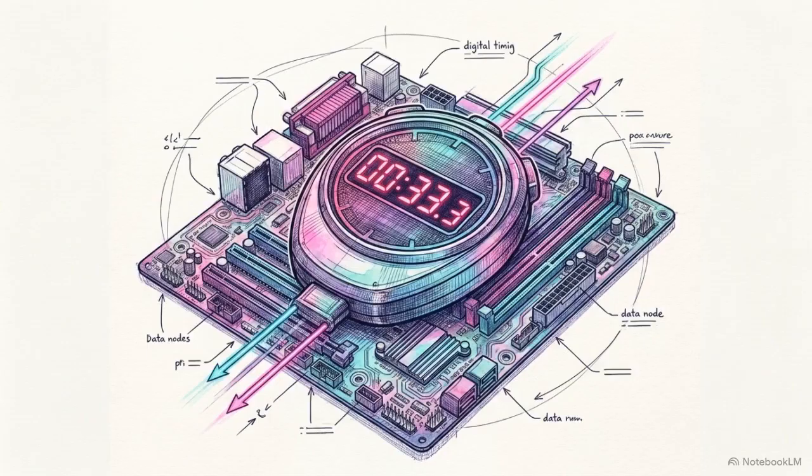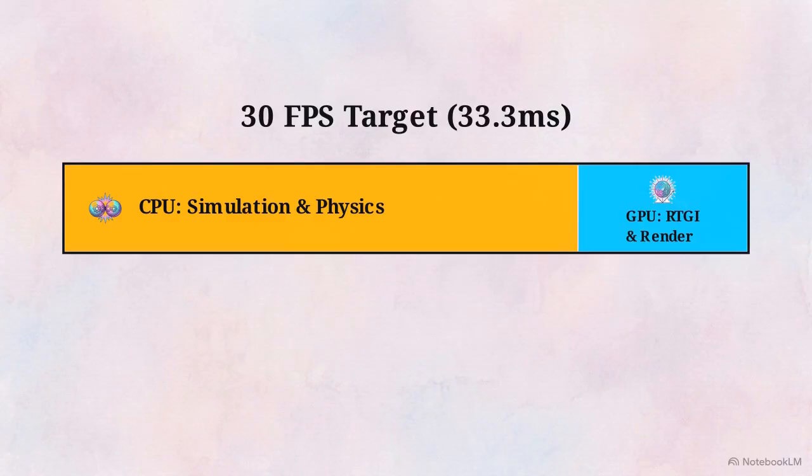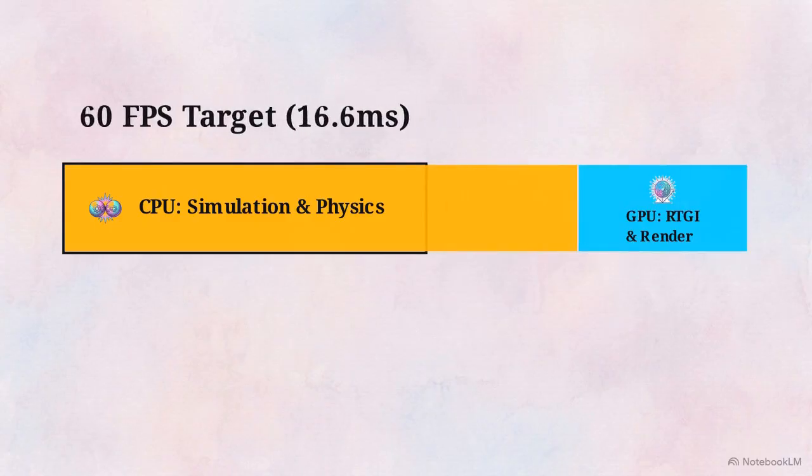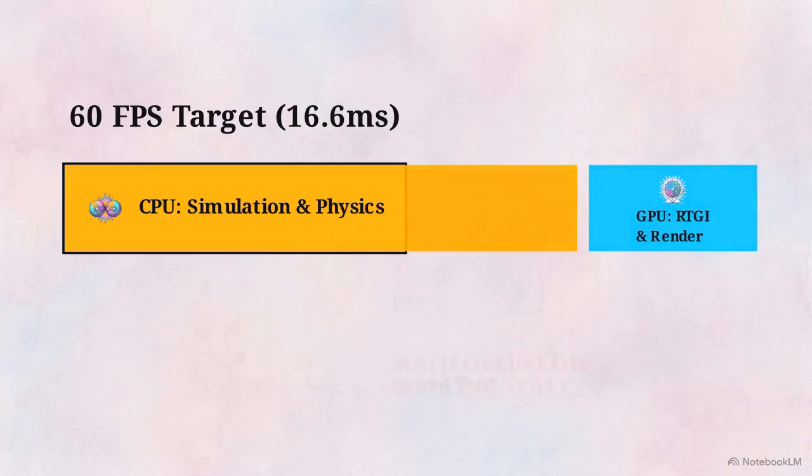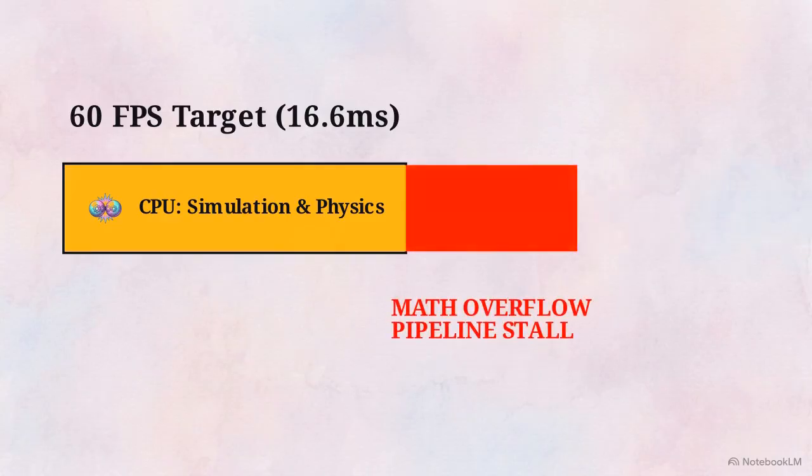Every frame rate has a frame time budget, the exact window of time the hardware has to complete its work. Here are the 33.3 milliseconds available to deliver 30 frames per second. The CPU's physics simulation consumes the majority of this time, leaving the remainder for GPU ray tracing and upscaling. But at 60 frames, the simulation math completely overflows the 16.6 millisecond budget.